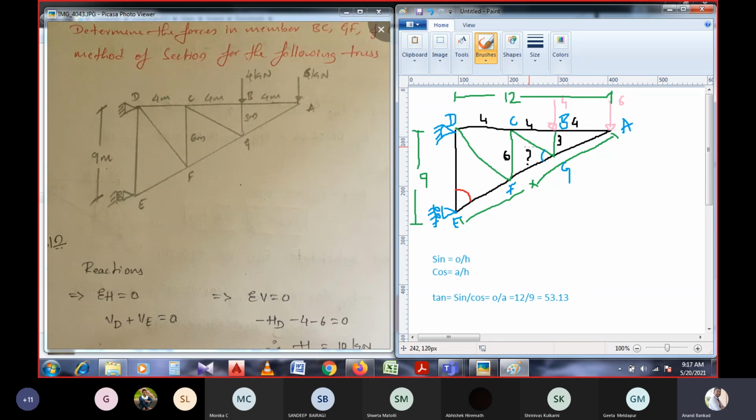To resolve it, you need an angle, right? So how do you calculate the angle for this? All dimensions are given and the formulas are written over here.